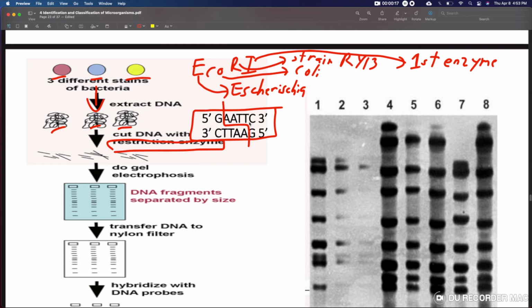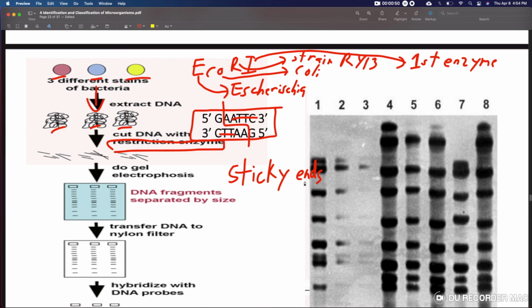Once our restriction enzyme encounters this specific restriction site on your DNA, it will introduce a staggered or zigzag cleave, a staggered cutting pattern, where there will be what we call sticky ends, or overhangs.